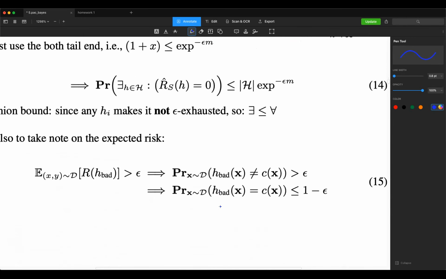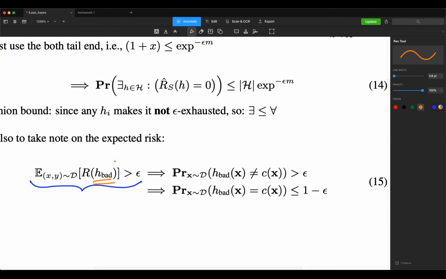We know this, this is our assumption. If you are given that particular hypothesis, h_bad, we know that the expected risk is going to be greater than epsilon. So in the sense of the data, where the stochasticity, the randomness, comes in, we know the probability of misclassification is going to be greater than epsilon.